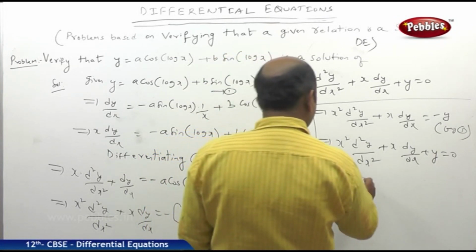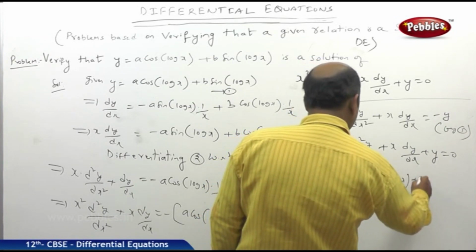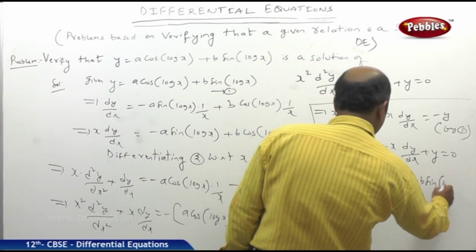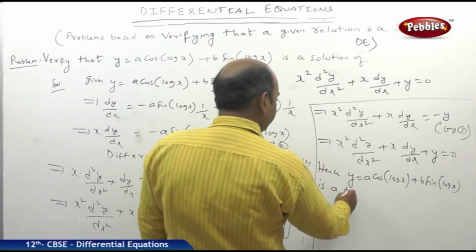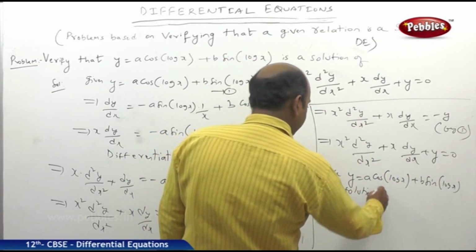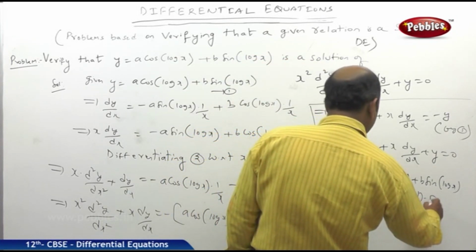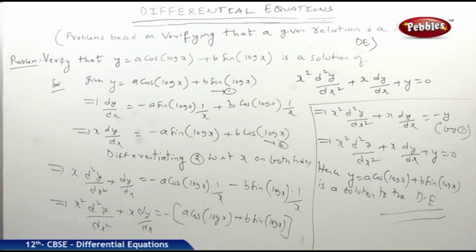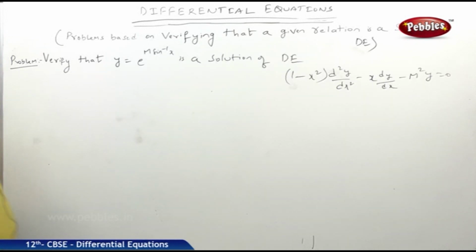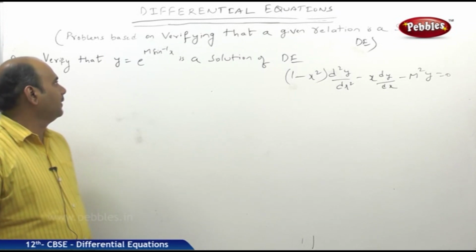Hence, y is equal to a into cos of log x plus b into sine of log x is a solution to the differential equation. D.E means differential equation. Please copy the problem.